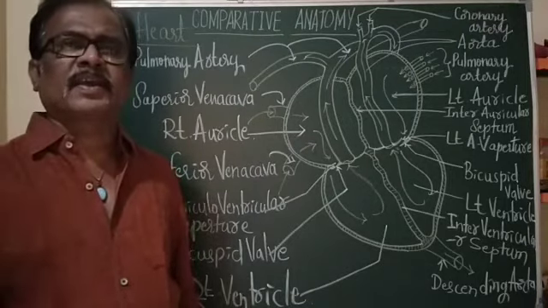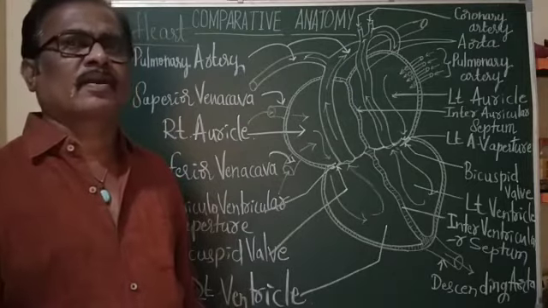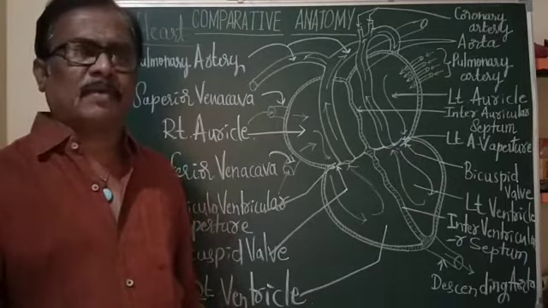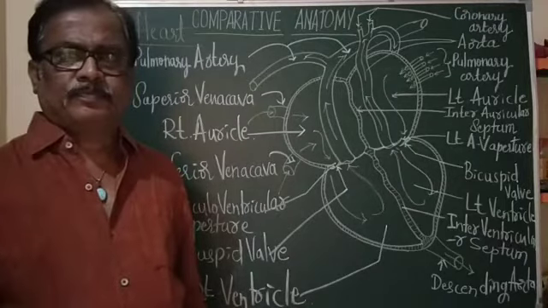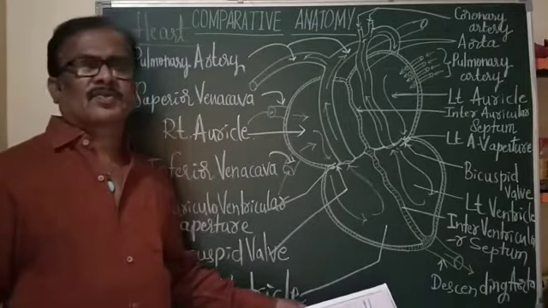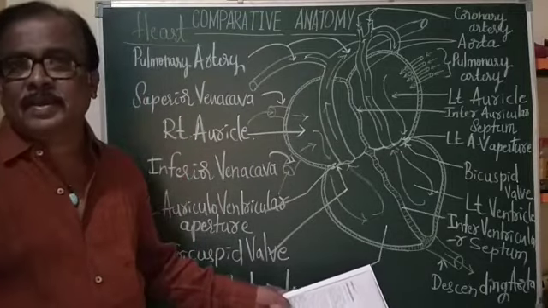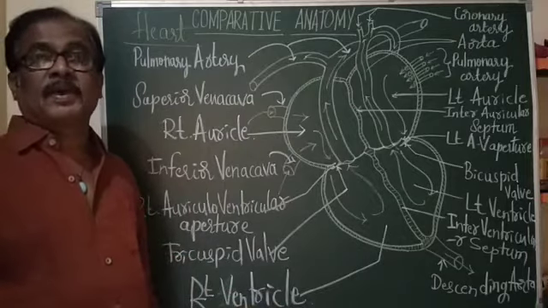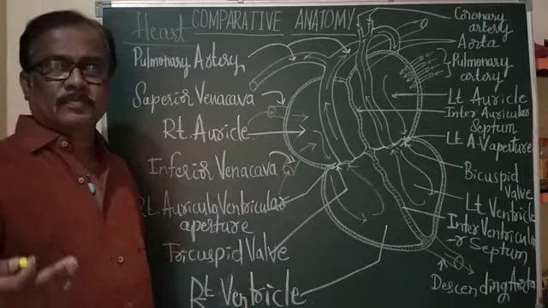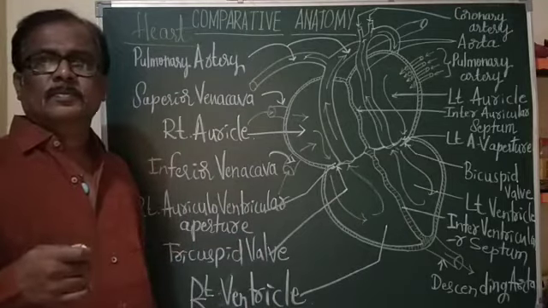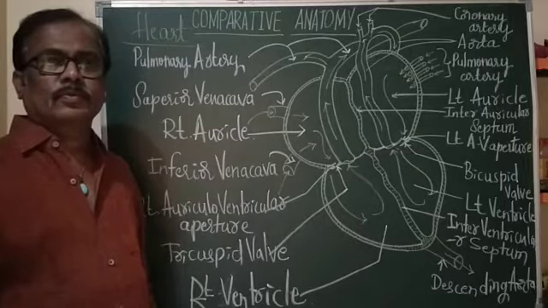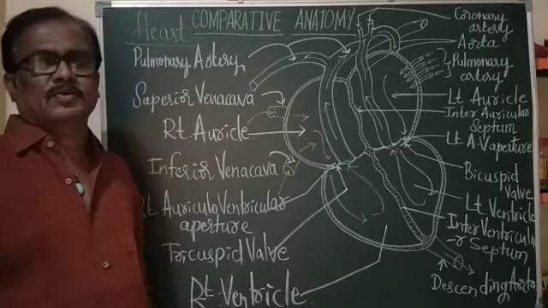In reptilia, 3 and 4-chambered heart. In aves, 4-chambered. In mammals, 4-chambered. Leave all those things. First, we are going to see the structure of the mammalian heart, to compare that with the heart of other animals.